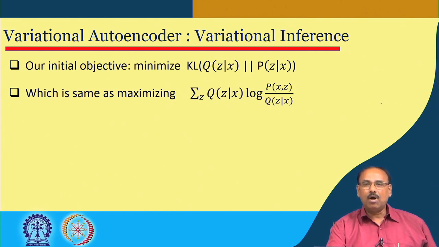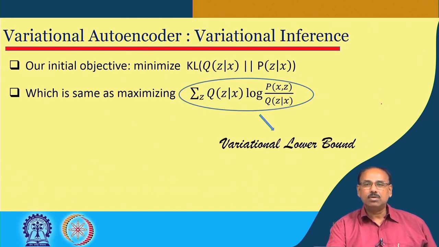This is what is known as the variational lower bound, and the concept came because the computation of P(X) was intractable. We have seen that this expression, the variational lower bound, gives a lower bound of P(X).